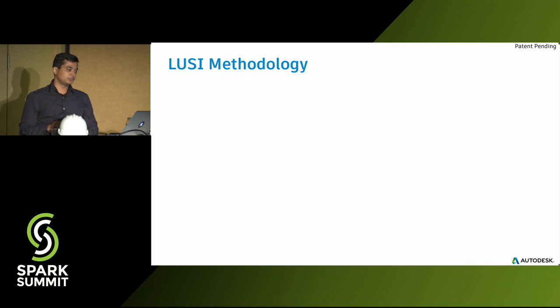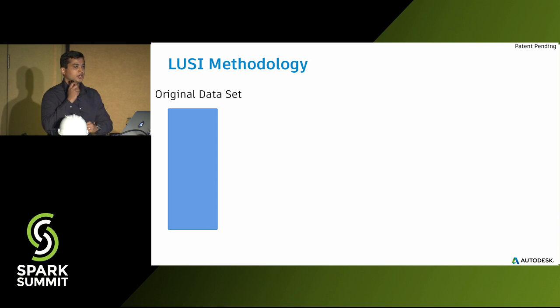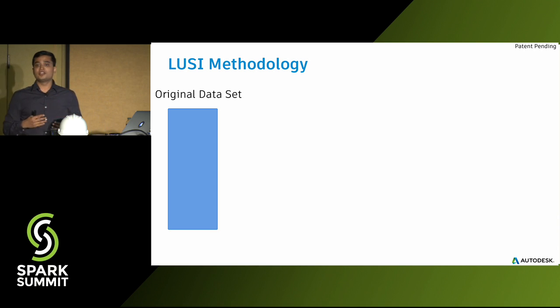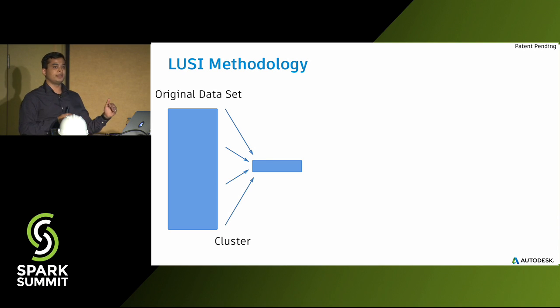And this is how it works. Say we have an original data set with 100,000 data points. Labeling 100,000 data points is a big project, and not everyone can make that investment to get the ball rolling. So we take that data set and we cluster it. Once we cluster it, based on some metrics, we identify the clusters that are above a certain quality.